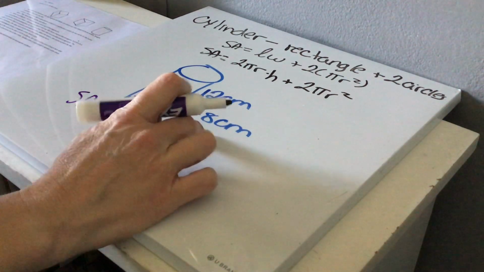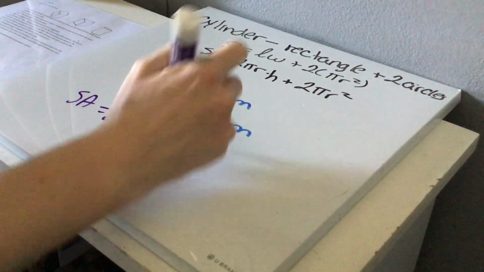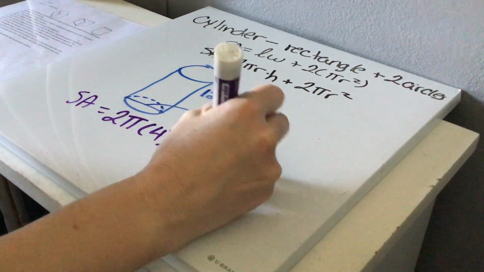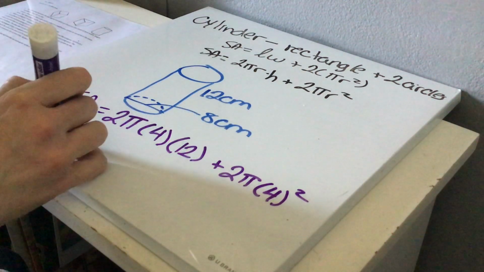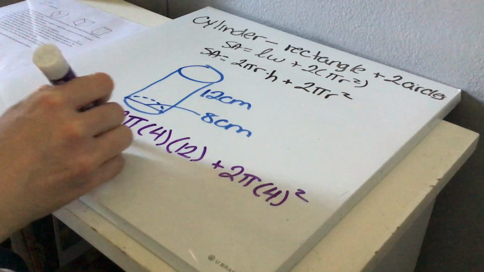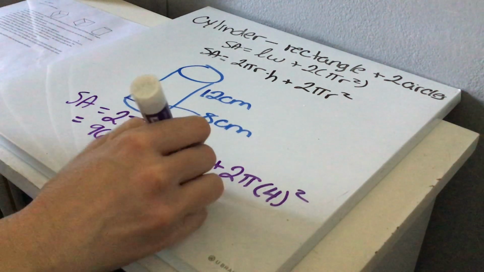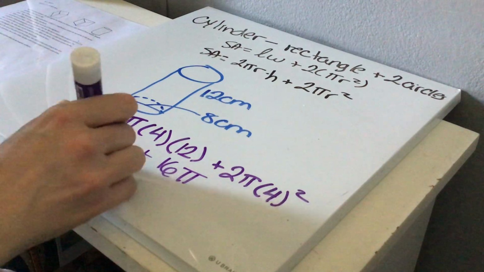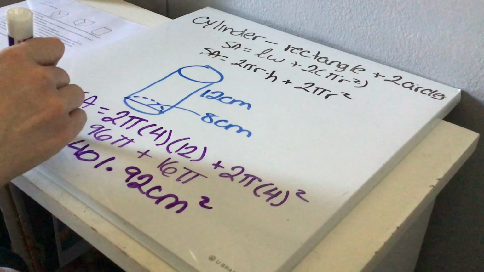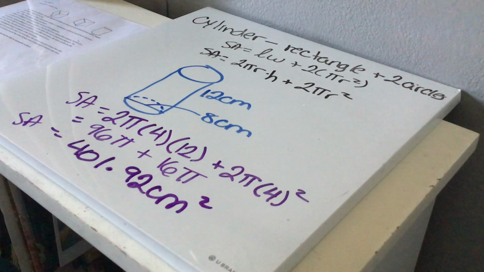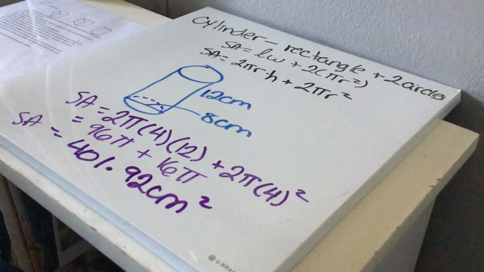The diameter is 8, so the radius is 4, times the height, which is 12, plus 2 pi times 4 squared. So that's 96 pi plus 16 pi. We should get 401.92 square centimeters when we plug those numbers in. And that's how we find the surface area of figures. What does it take to cover the entire figure?